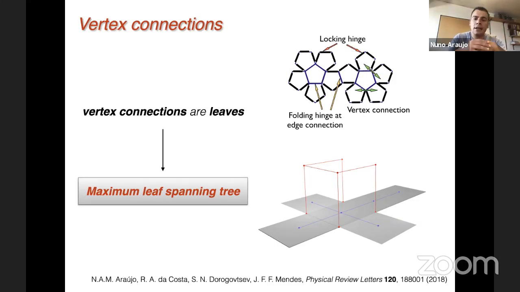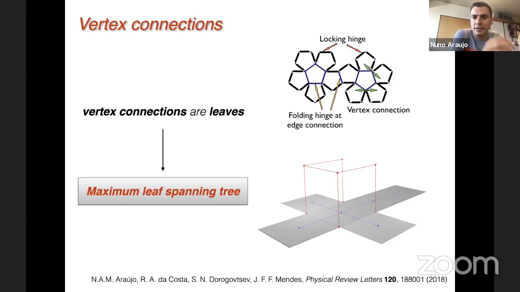And in fact, this is a classical problem in graph theory. There are many algorithms available that can allow us to identify the maximum leaf spanning trees of a graph. And so by doing this mapping, we can find the solution for the problem.